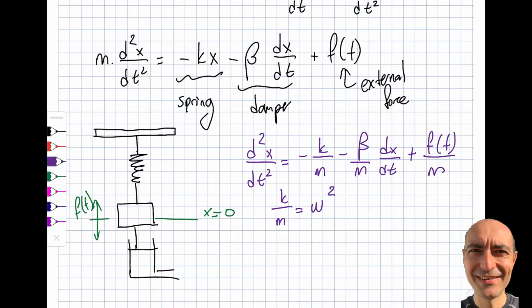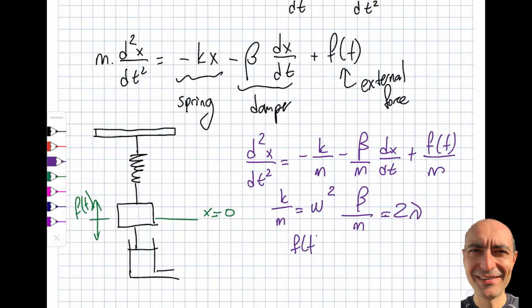For the same kind of logic, I'll have this beta by m equal to 2 lambda. Again, you may ask, why is there 2 over here? Why didn't I say square over here? Well, because you will see that when I form the differential equation, the auxiliary equation, I wanted it to look much more convenient to solve. That's the reason, okay? And this will determine the overdamped, the critically damped, underdamped systems.